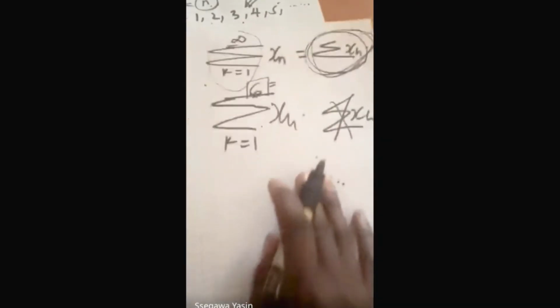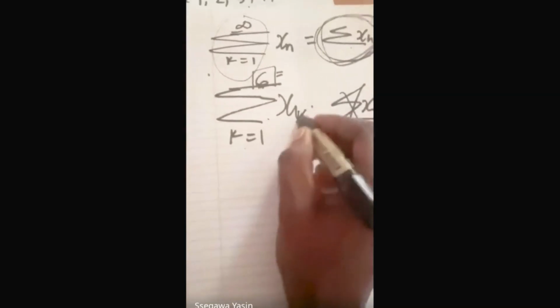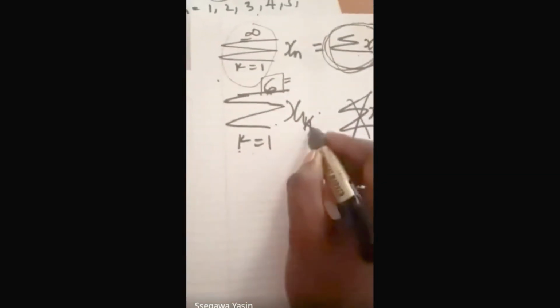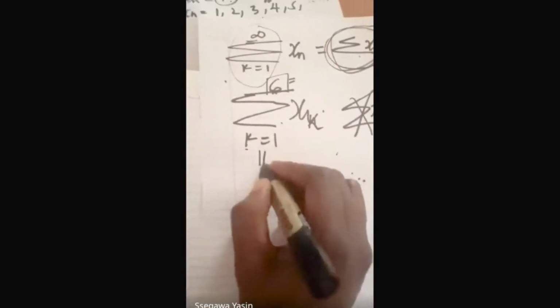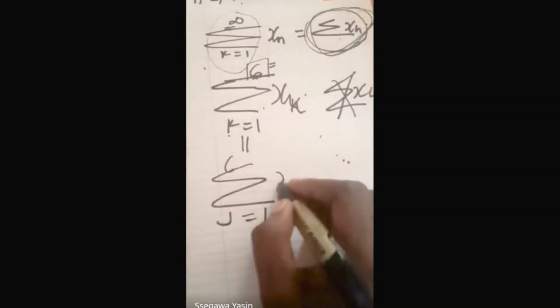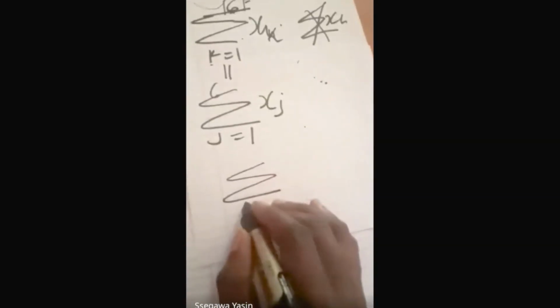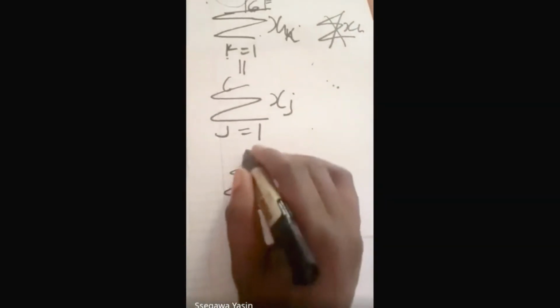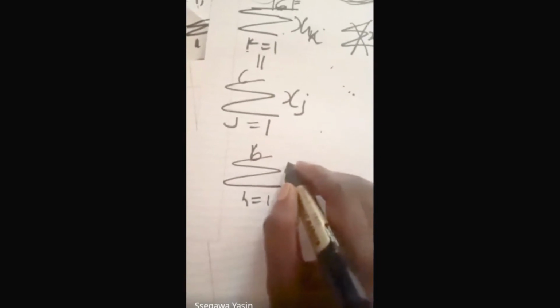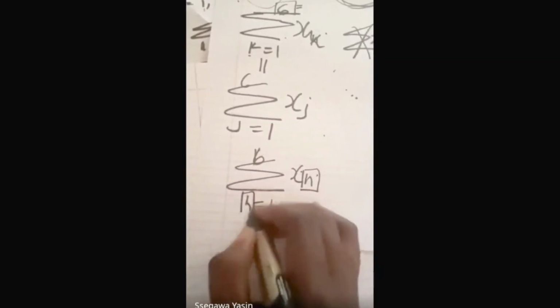And also, they are telling you that when you change this k, maybe it is the same as still writing up to 6, j equals 1 of xj. It is the same thing as when you write n equals 1 up to 6 of xn. What you should know is that the index here should tally with what is there.